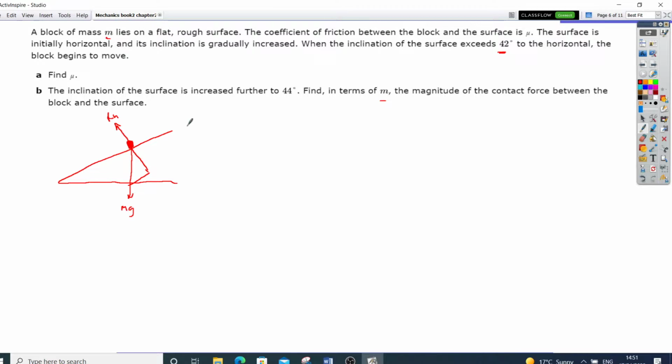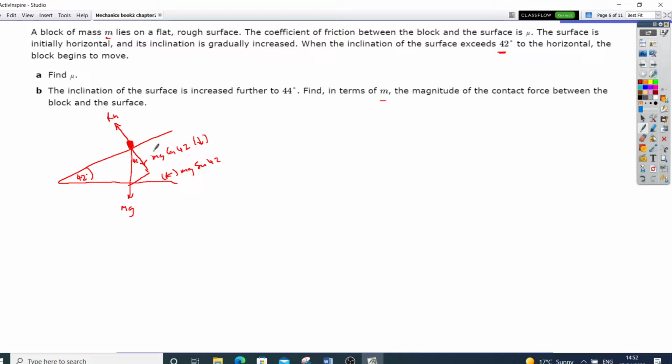So this angle is, let's say, treated as 42 first of all. So that's 42, and that's going to be mg cos 42 downwards, and going along here, down the slope, it's going to be mg sin 42.